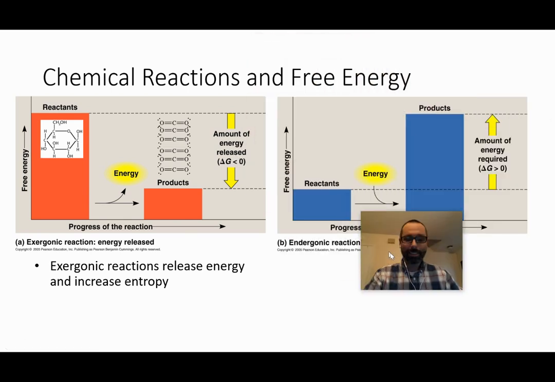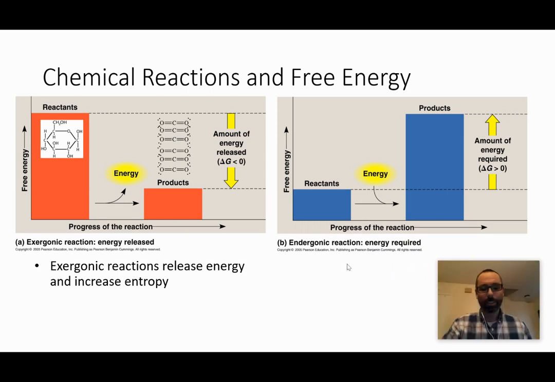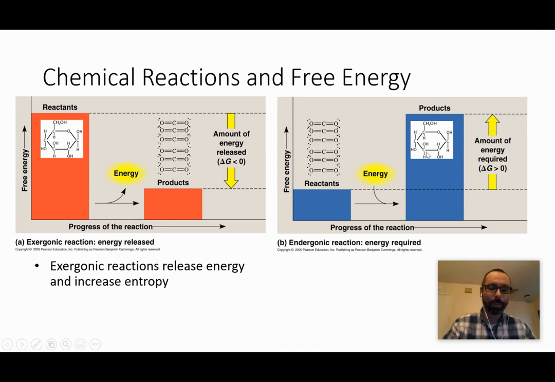On the other side of this, you have something called an endergonic reaction. This is going to require energy because in this case, your reactants, there we go, 6 carbon dioxides have very little energy in them. And they're very chaotic because there's 6 of them to bounce around as compared to what you want to make, which is a glucose, right? And this means we have to put in energy.